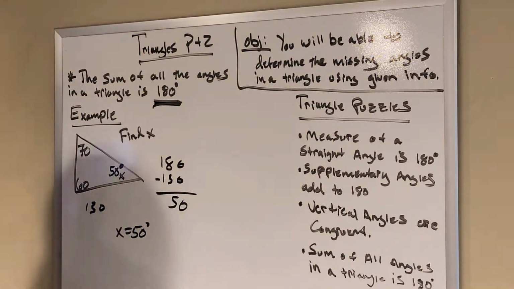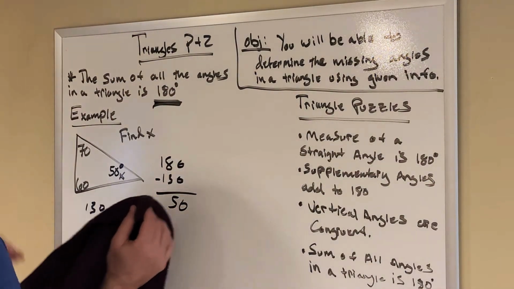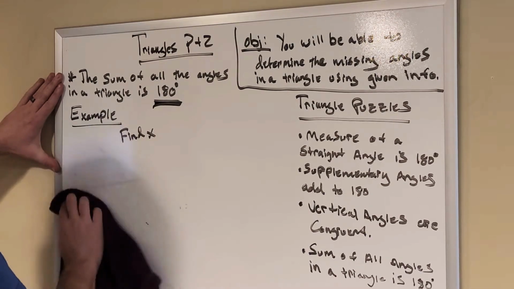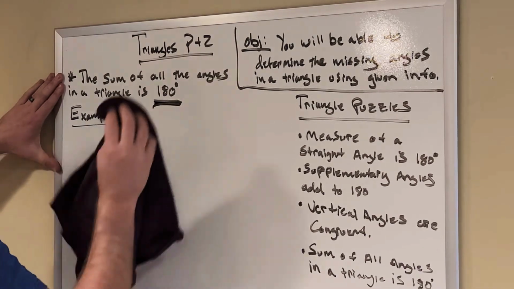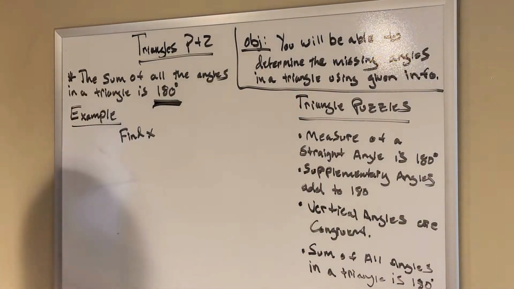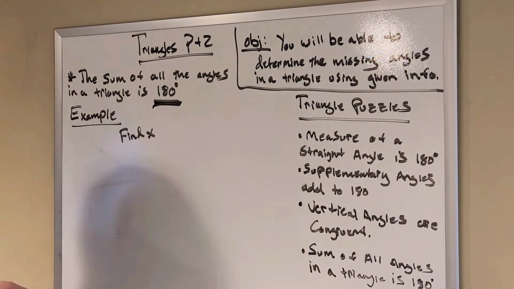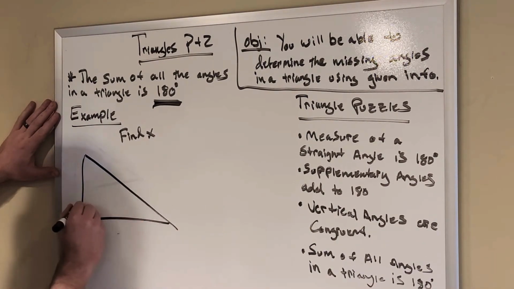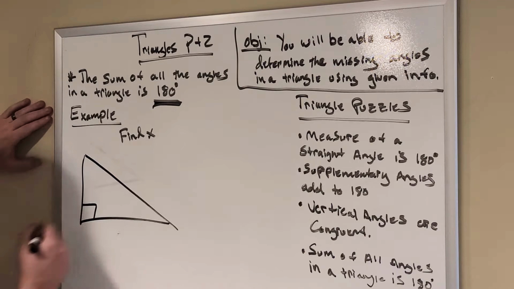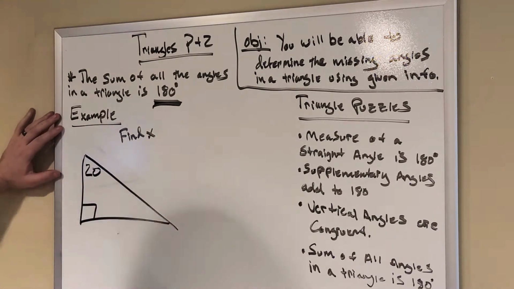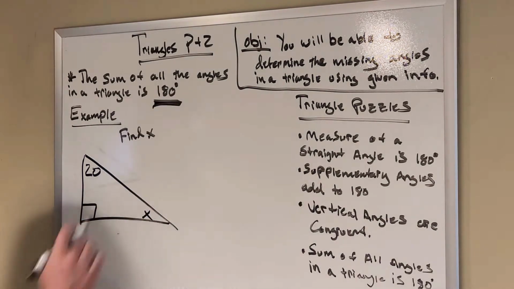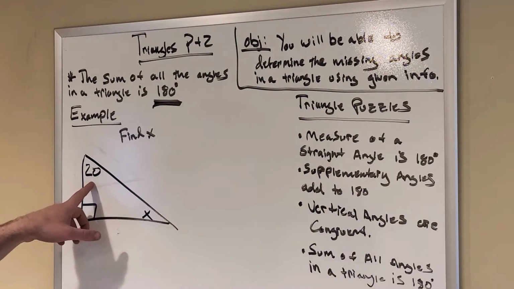Let's take a look at another one that's a little bit different. We're still looking for x here. I know there's 180 degrees, but I'm only given one number, 20.